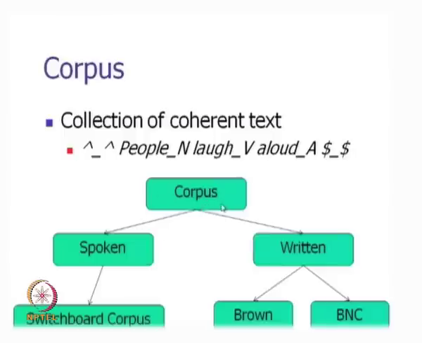There is a corpus. Corpus can be either spoken or written. Under spoken corpus, we have many famous ones. A very well known corpus is the switchboard corpus, which records many hours of telephonic conversation. And under written corpora, we have famous things like Brown corpus, which has about 1,000,000 words, British National Corpus, which is about 10,000,000 words with tags, and so on.